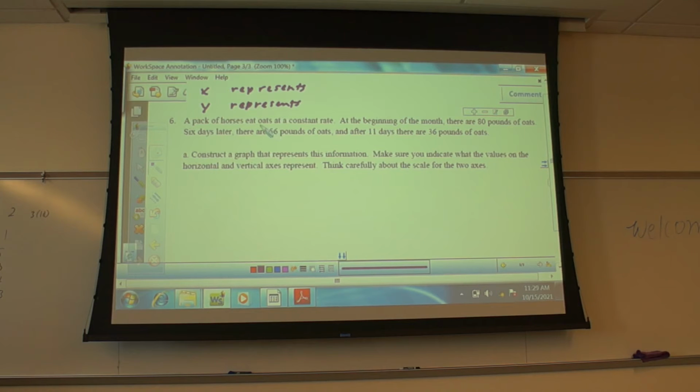The days, so like the time. Yeah, the number of days? Yep. All right, so then, Jenna, which one is x? Days, because that's my time. Remember, x is either the thing you control or it's time. So then y would be, Natalia, what's the other thing that changes? The pounds? Yeah, pounds of oats. Great.